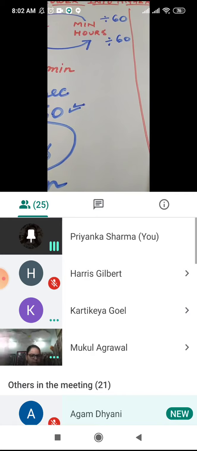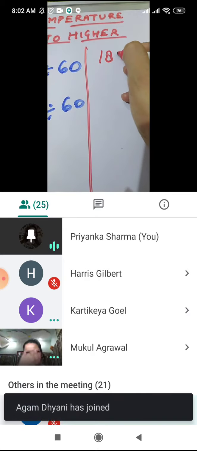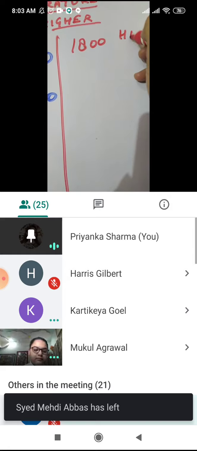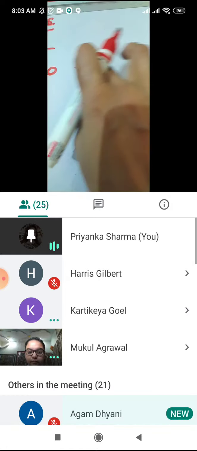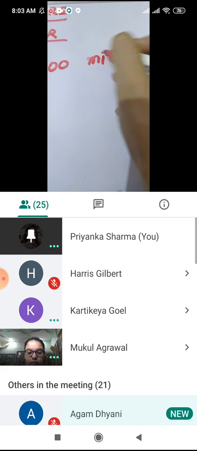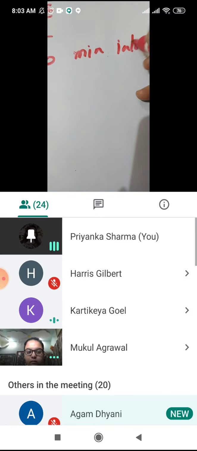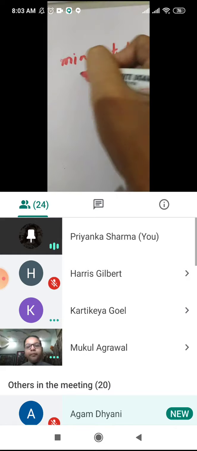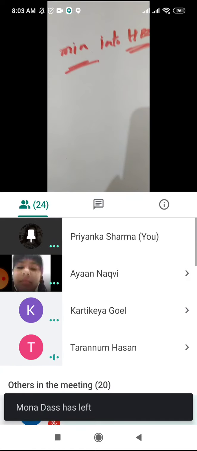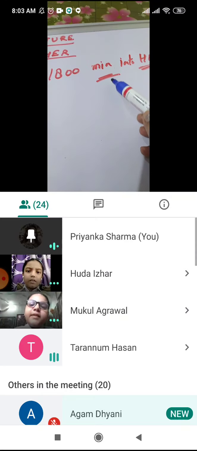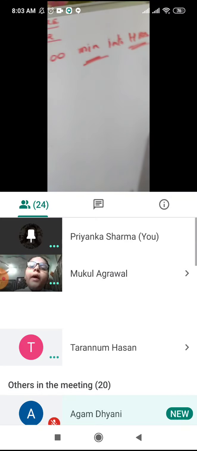Okay. Now second, 1800 minutes into hours. Now here also, minute is a smaller unit, hour is a bigger unit. We have to convert smaller into bigger.